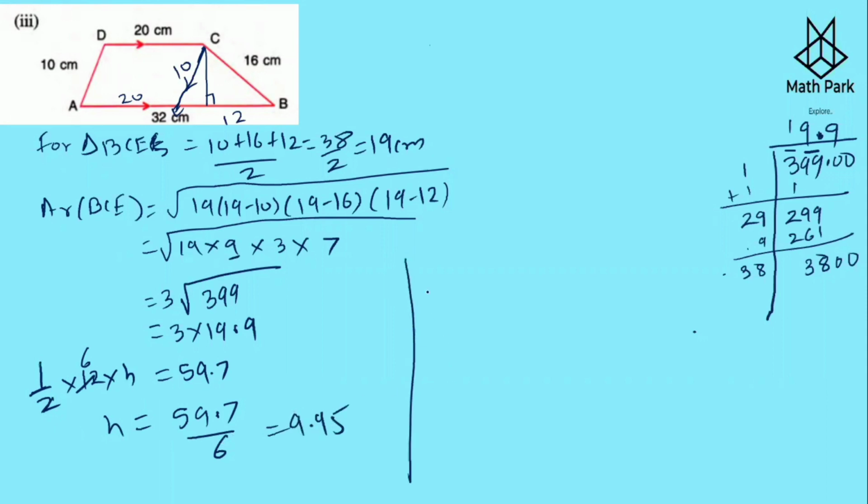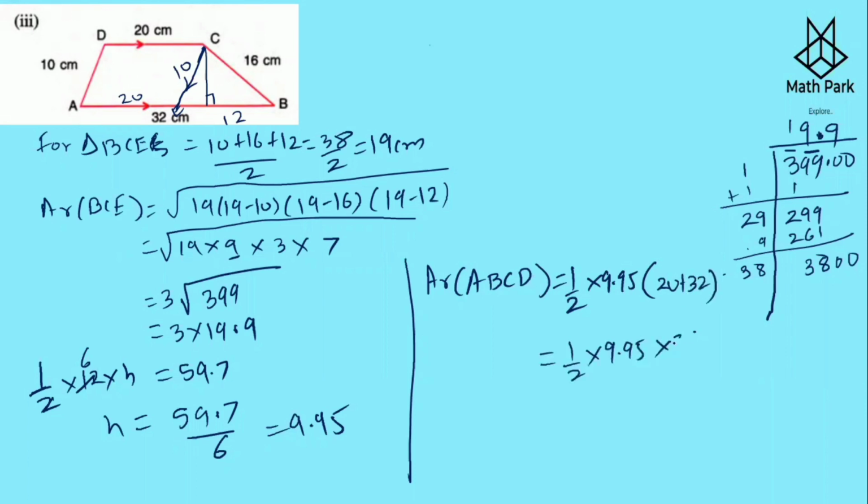And now let us find the area of trapezium. So area of ABCD is equal to half h, which is 9.95, in bracket sum of parallel sides, that is 20 plus 32. So which is half into 9.95 into 52.